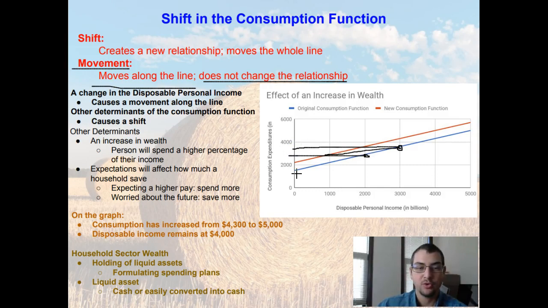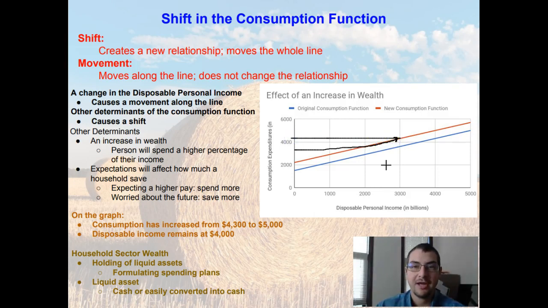So a movement will move along one of these lines, but it won't jump the line. We could have a movement along either line, either this new consumption or the old consumption. It could be an increase in income from $2,000 here up to $3,000 here. That would be a movement along that line.